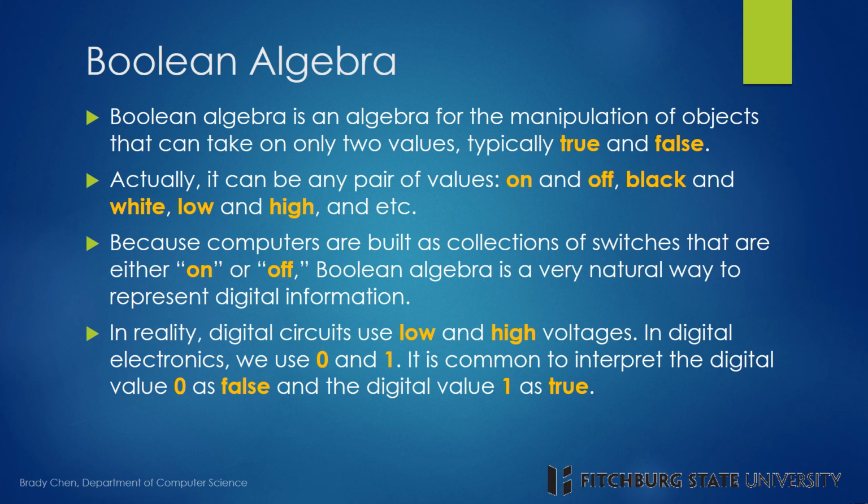Now later on we're going to talk about the computer hardware. So you will know that computers are built from various different chips, or circuits. Each circuit basically contains a whole bunch of smaller components called transistors.